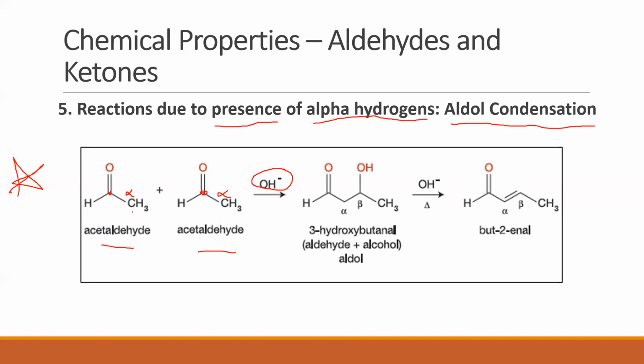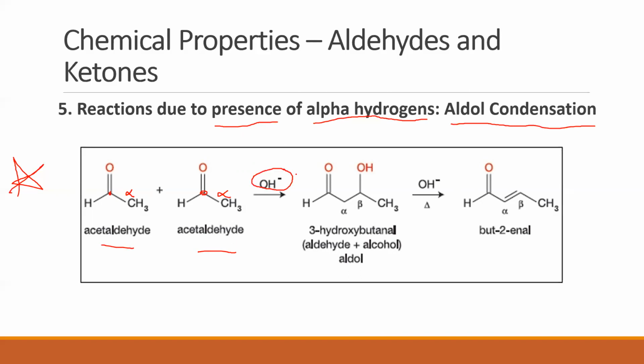Does the alpha carbon have hydrogens? Yes, alpha carbons do have hydrogens here, which means this base can abstract that hydrogen. This base can take away that H plus from a carbonyl compound.